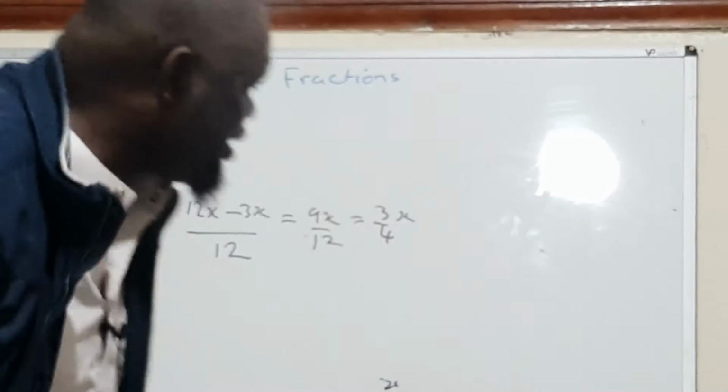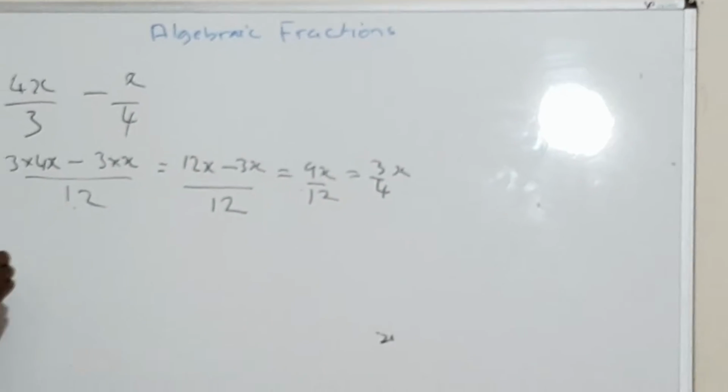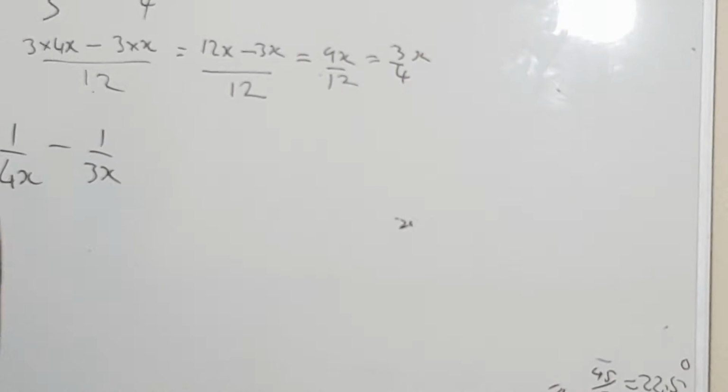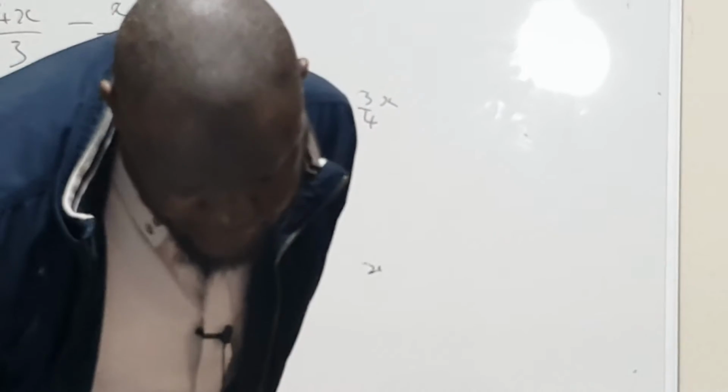Now, gentlemen, let's look at a more difficult one. 1 over 4x plus 1 over 3x. How do we do that?